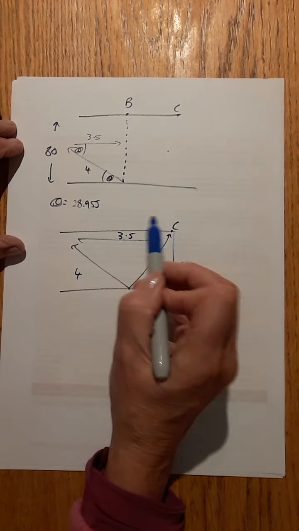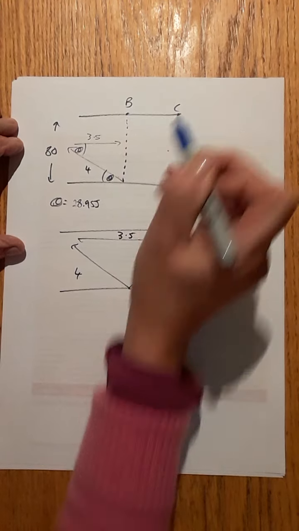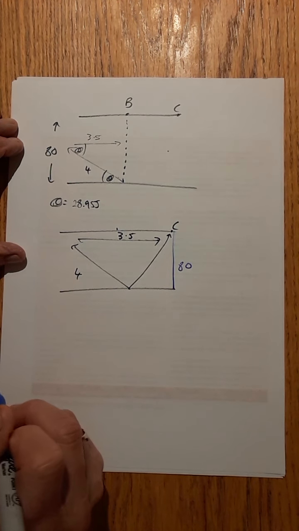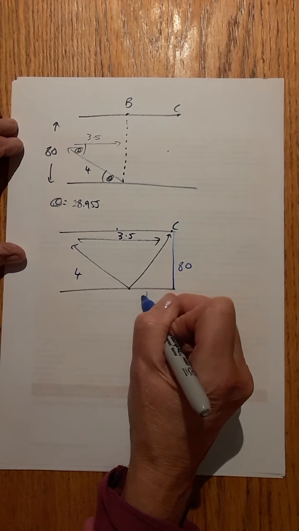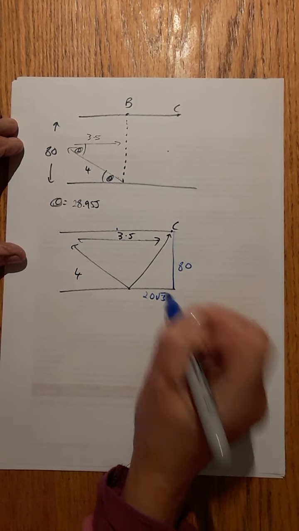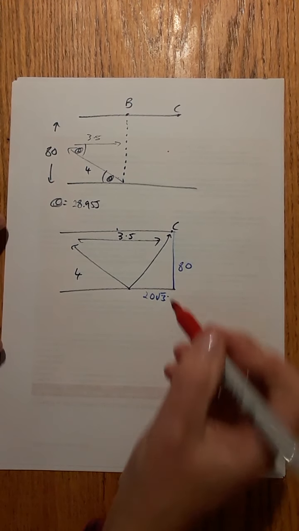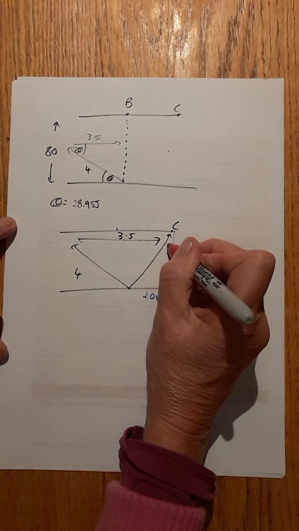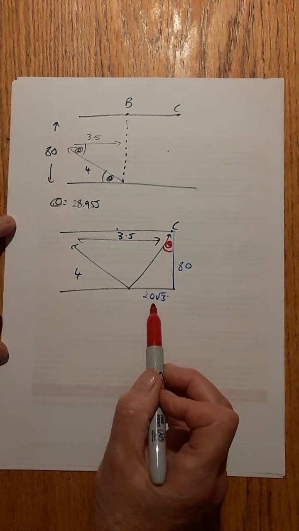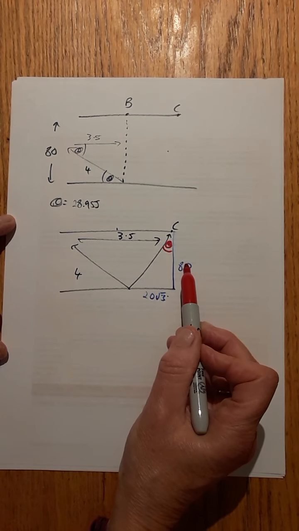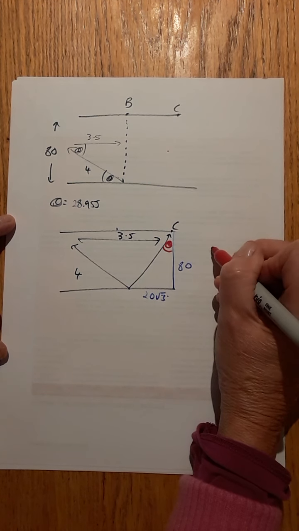And this distance downstream, I'm told in the question, from B to C, is 20 root 3. So once I have that, I'm able to find this angle here, I'll call it theta. So the tan of theta will be the opposite over the adjacent, so I'll be able to find theta.